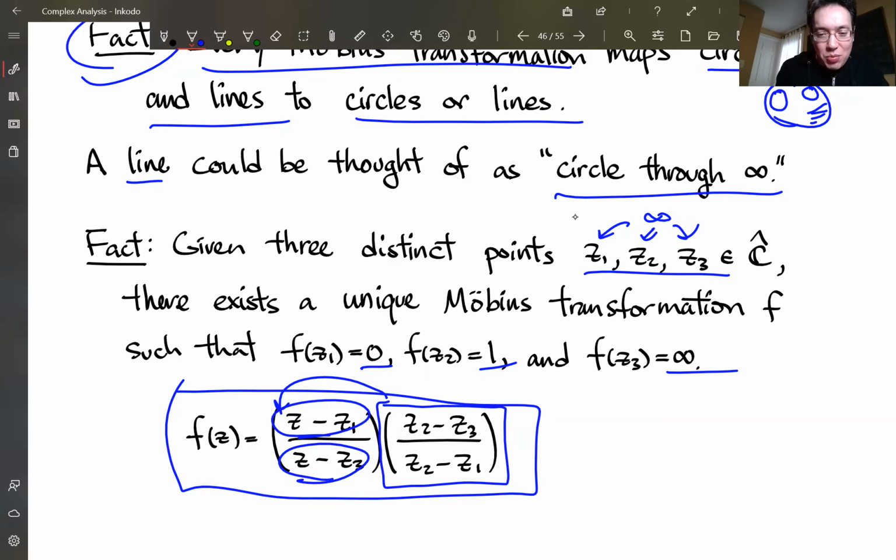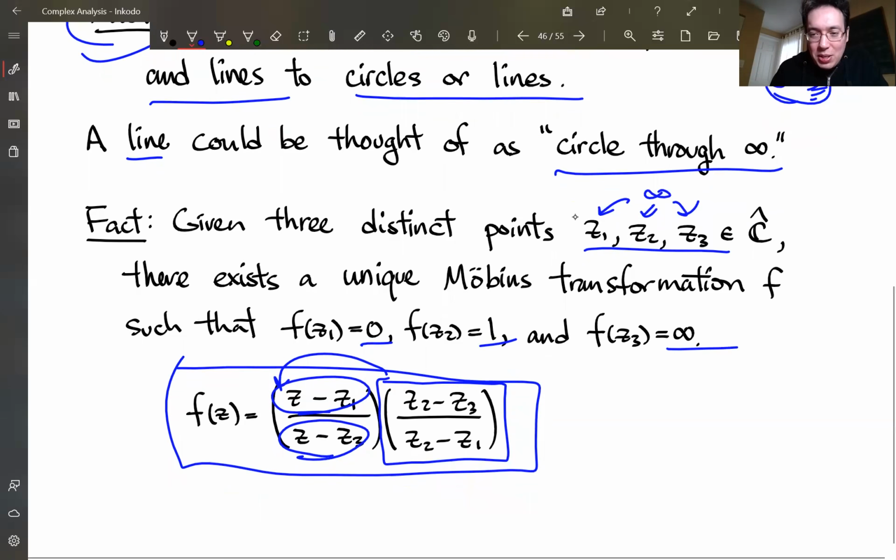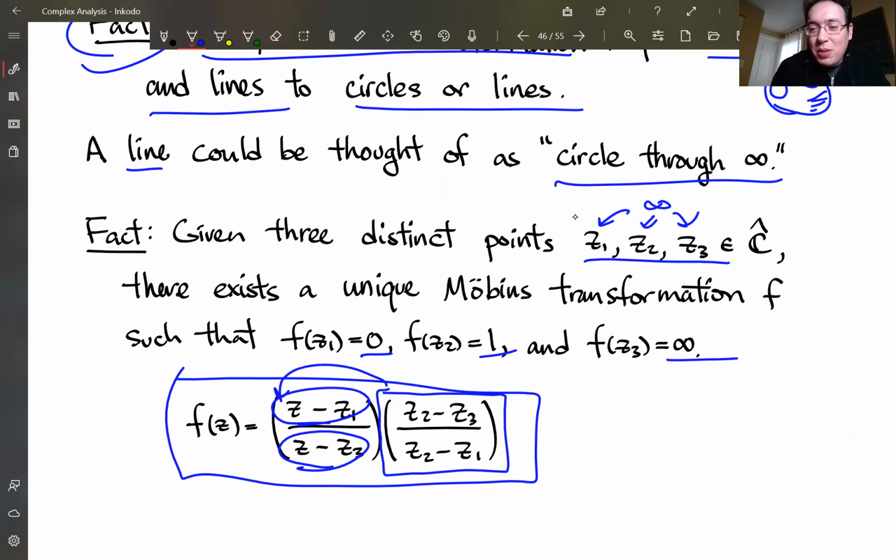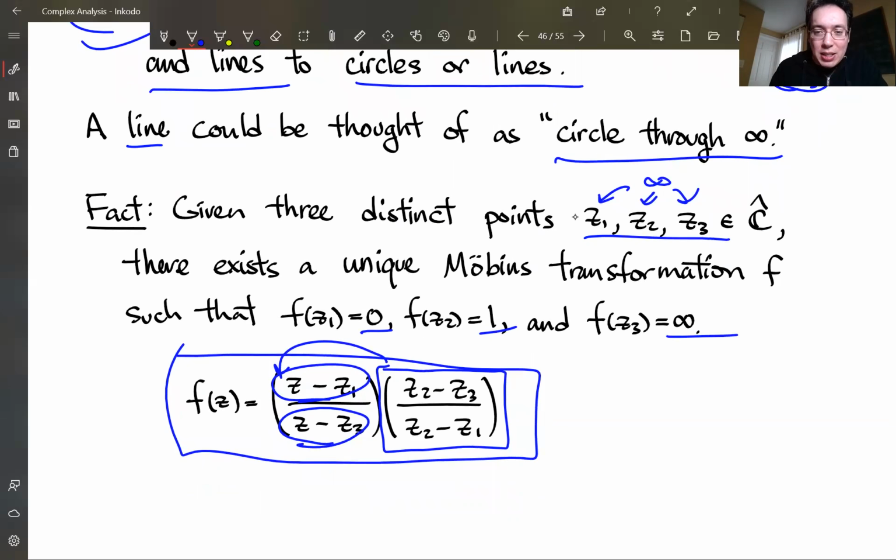Just rewrite infinity as a variable t and let t go to infinity. Take the limit, and that's what you get. Yeah, you have to be a little bit careful with the infinity. But other than that, that's what you get.